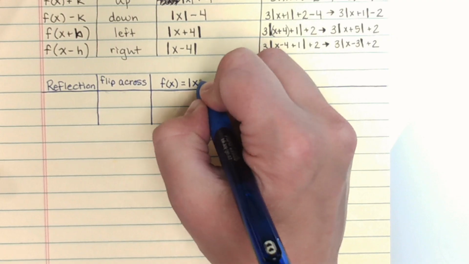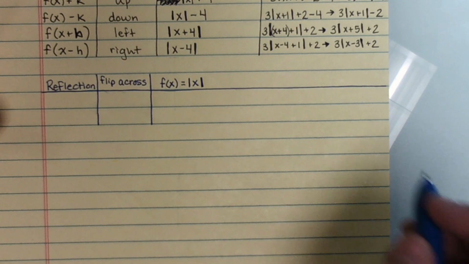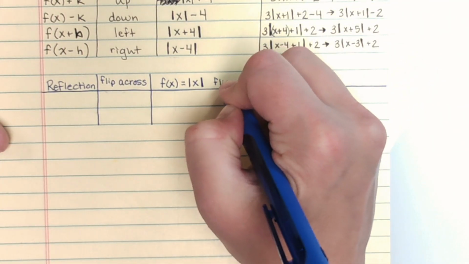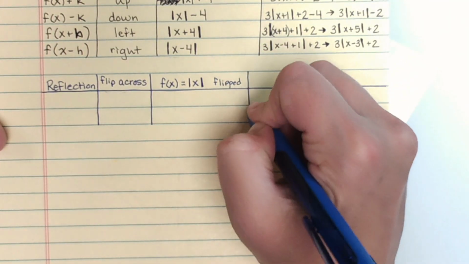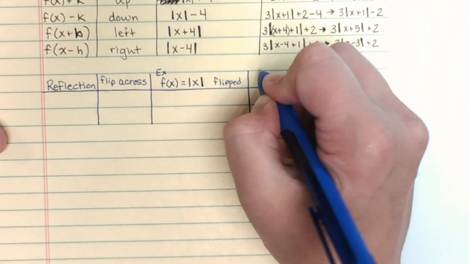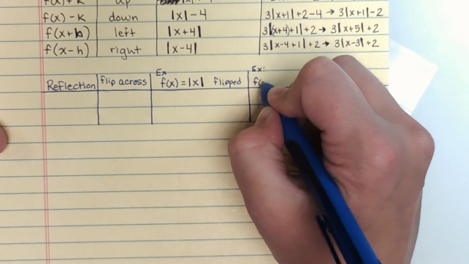And similar to before, I'm going to have just a basic absolute value function getting flipped. And I'm going to have the more complicated one getting flipped. And I'm going to stick with the same more complicated one.